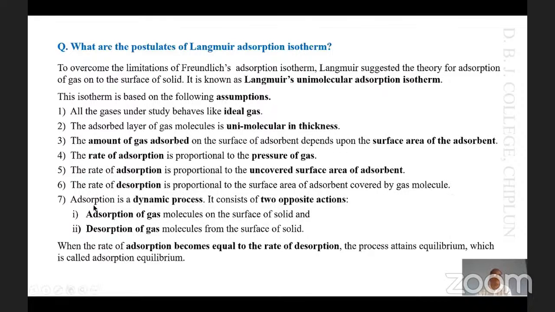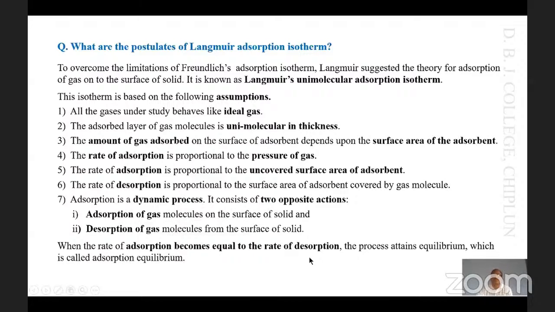Now, the next assumption is very important. The assumption is adsorption is a dynamic process. It consists of two opposite actions. One is adsorption of gas molecules on the surface of a solid, and the other is desorption of gas molecules from the surface of a solid.